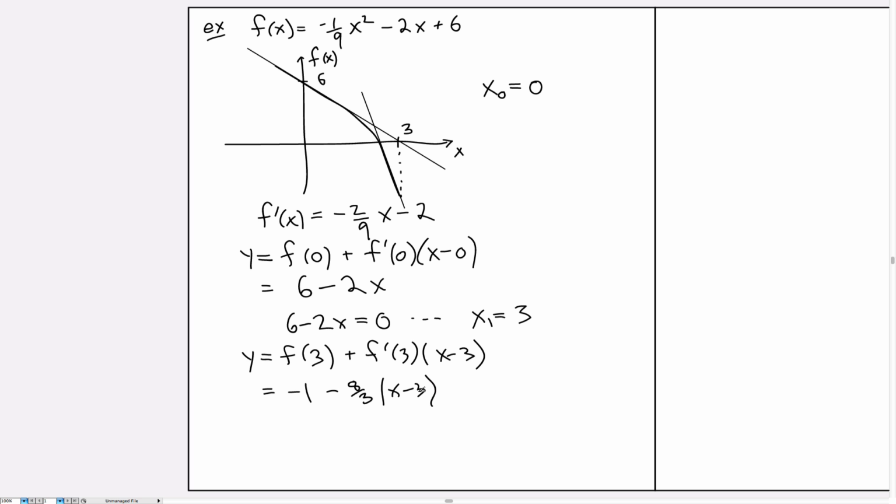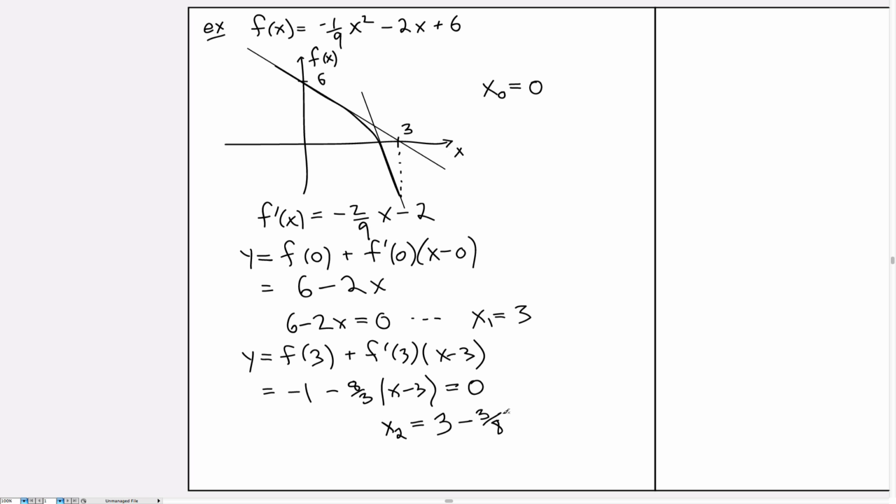What I'm interested in is not the tangent line itself, but where it intersects the x-axis. That will happen when this is equal to 0, and now I can solve for x. The value that I get is what I'm going to call x2, my second improved guess at the root of this function. If you go through the calculation, you should find that you get 3 minus 3 over 8, which is somewhere between 2 and 3.